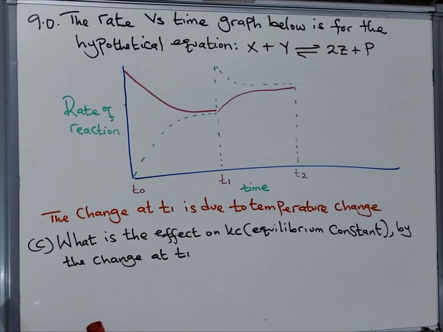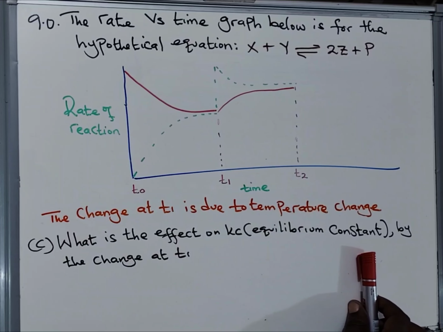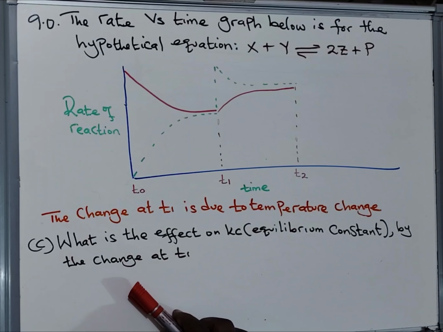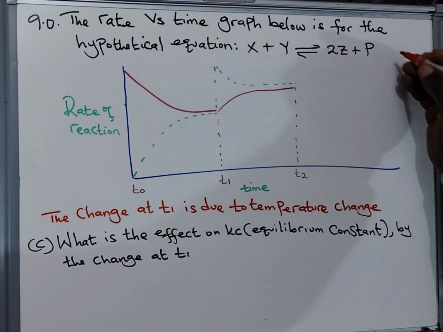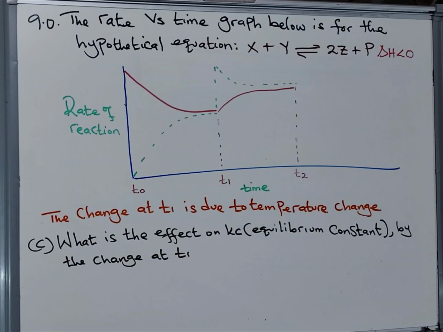Then comes this question. It says, what is the effect on Kc or equilibrium constant by the change at T1? To answer this question, you need to know that we have already identified that enthalpy change for this equilibrium is less than 0.